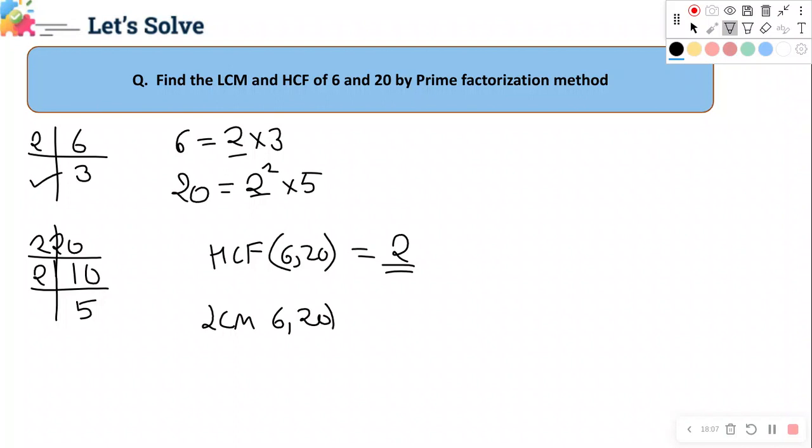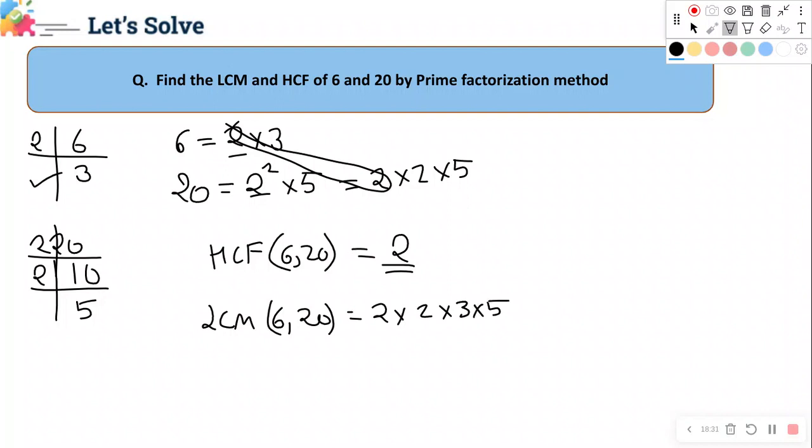LCM of 6 and 20 will be how much now? Now see, in LCM we have to take everything except the common pair. Okay, so I can write this as, let's say, 2 into 2 into 5. This 2, 2 makes a pair. So we take 2 once, after that the remaining things we have to take as they are, into 2 into 3 into 5. Okay, you have to take it. Now what is this? 5 threes are 15, 2 twos are 4. 15 into 4 is 60.